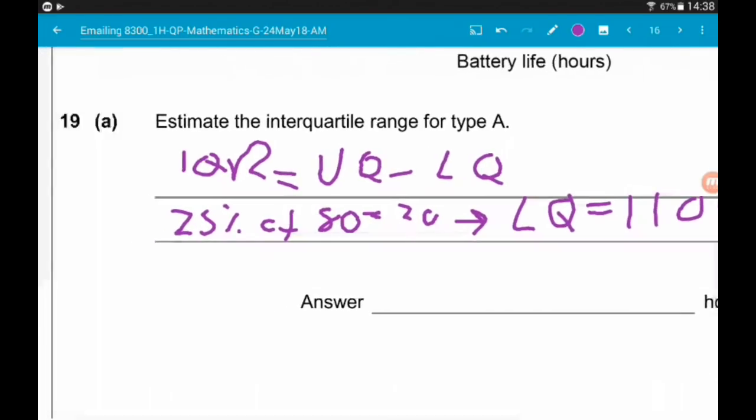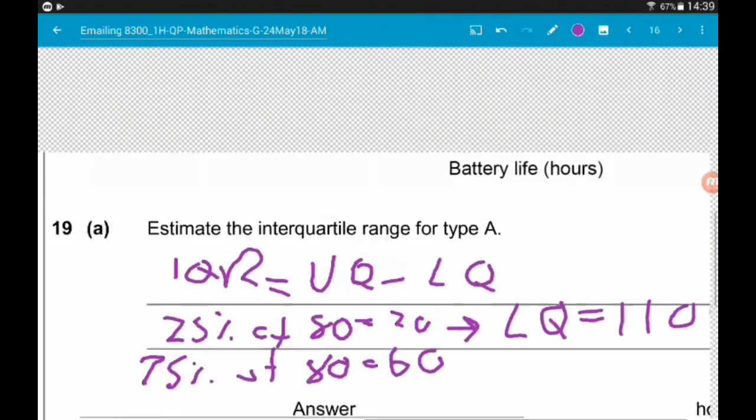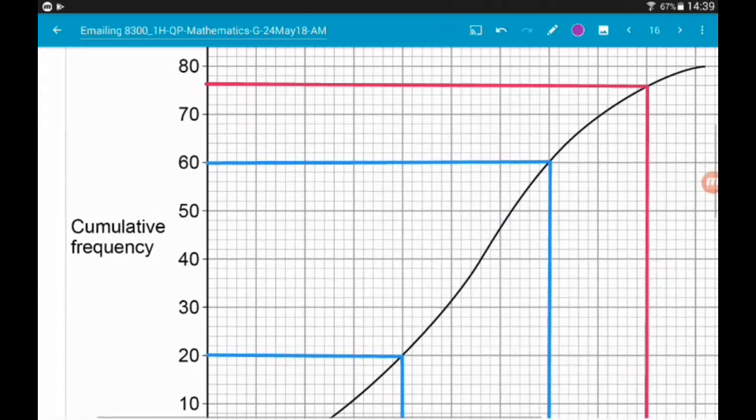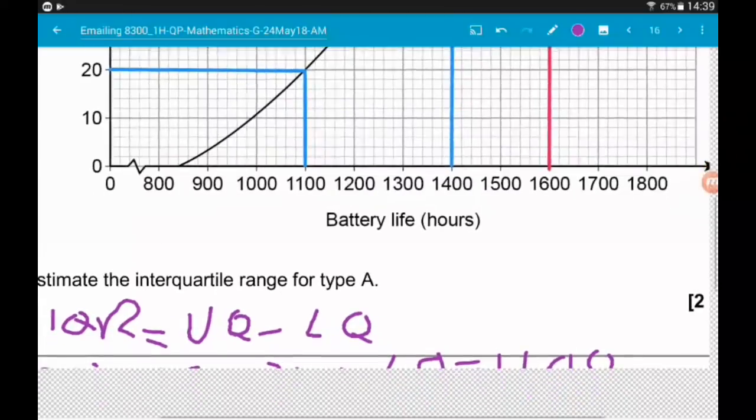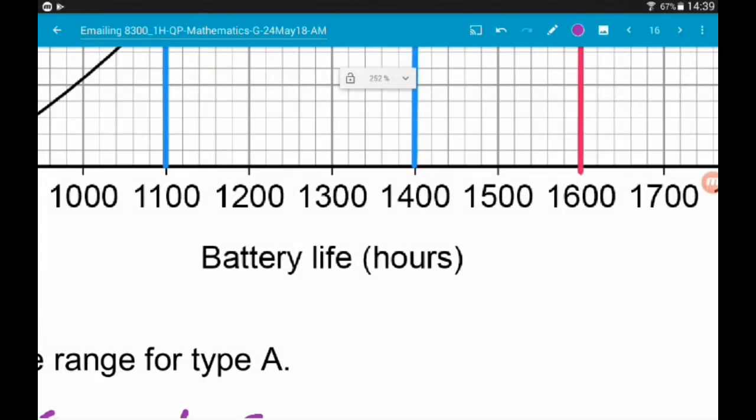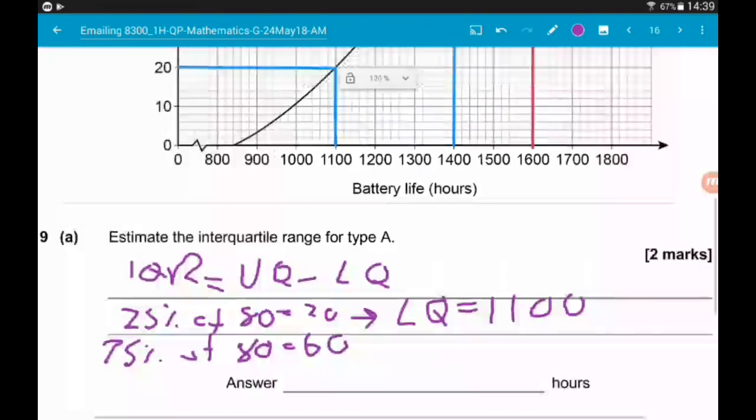Okay, and the upper quartile is 75% of 80, which is 60. So we do exactly the same thing. We go across from 60 till we hit the graph, go down to the x-axis, and that gives us our value for the upper quartile, which is 1400.